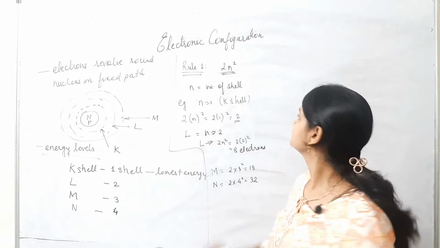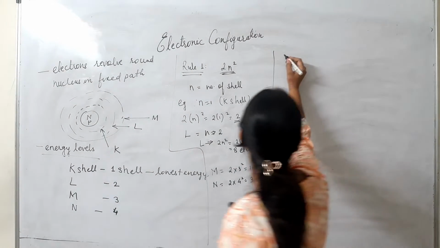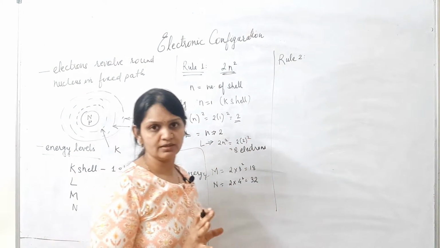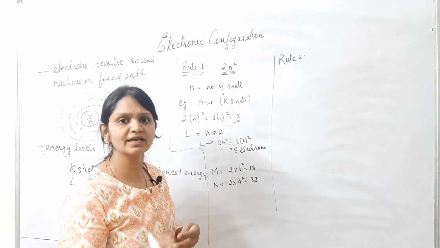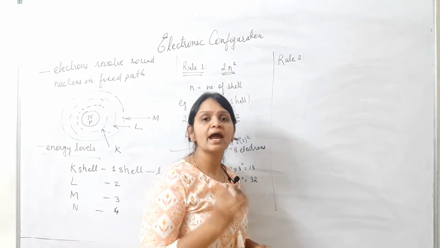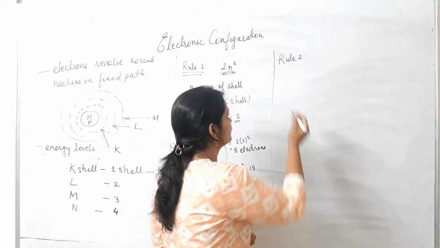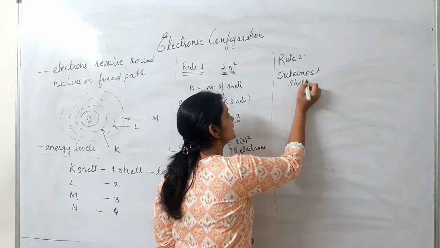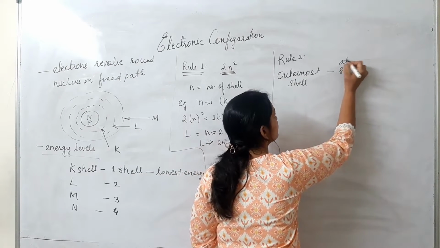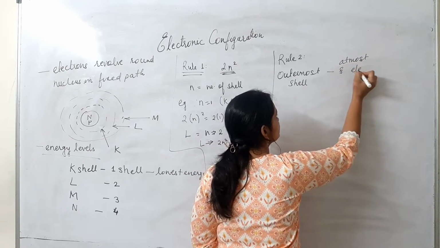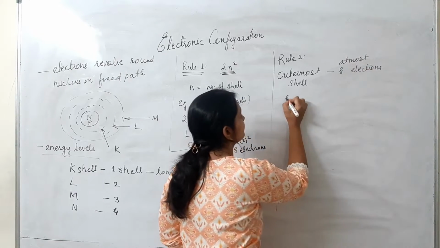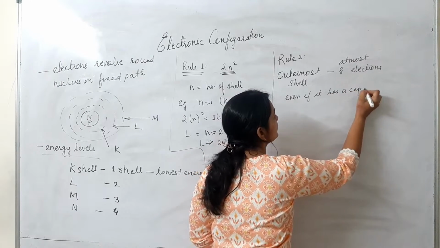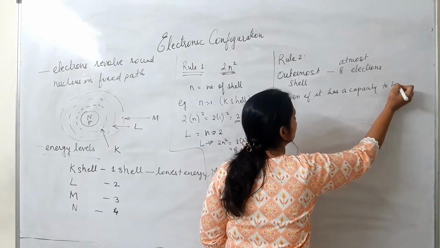The second rule is that the outermost shell, whichever is the final shell, can contain at the most only 8 electrons, even if it has a capacity to hold more.